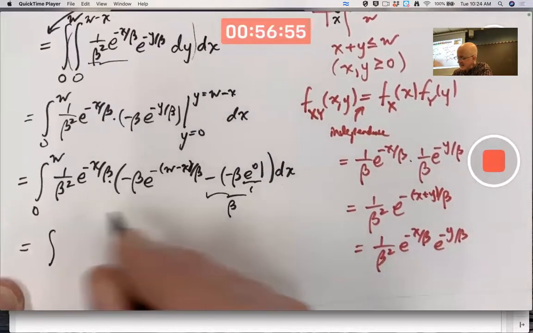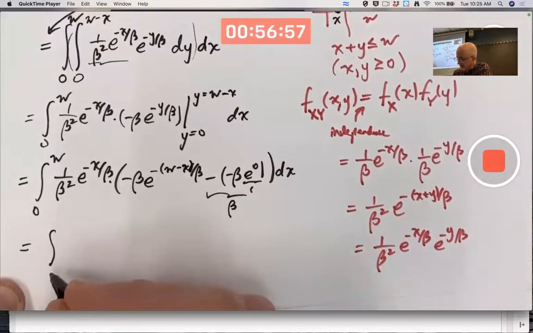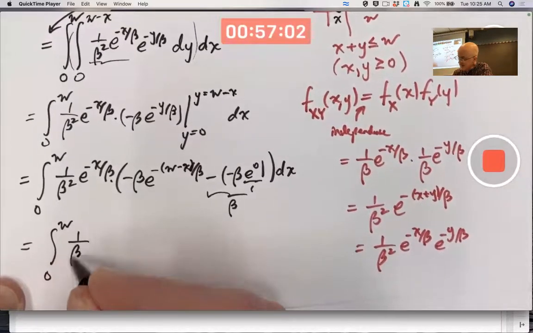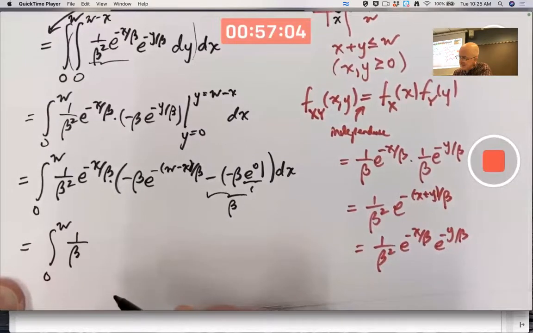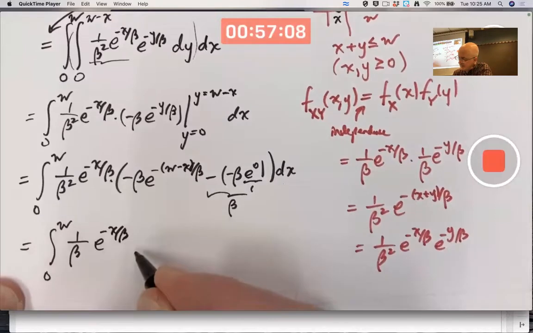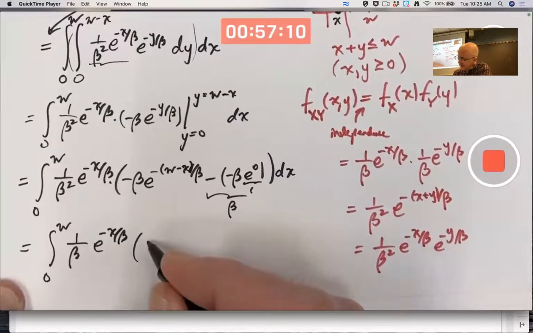Of course, the betas cancel with the beta squared to some degree. So I get really just 1 over beta. And what am I left with? I'm left with, I guess, 1 minus.